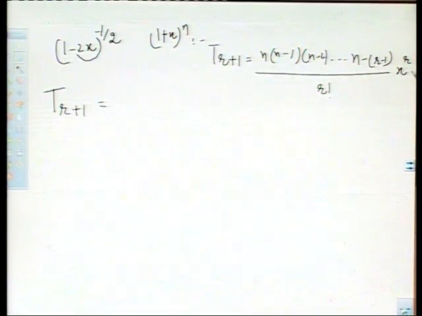This is our r plus 1th term. Here our n is minus 1 by 2 and our x is minus 2x.